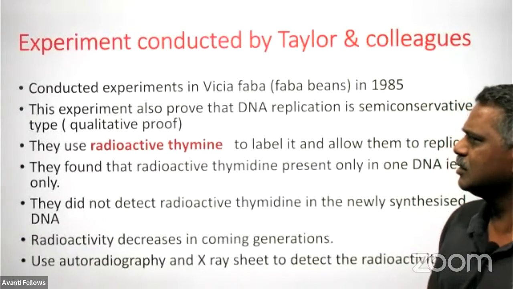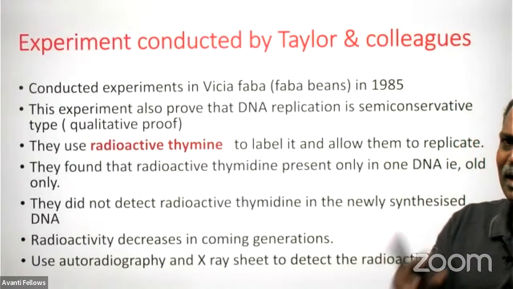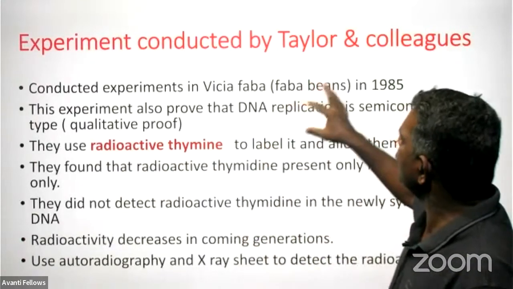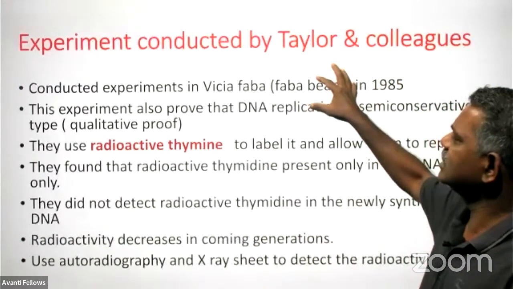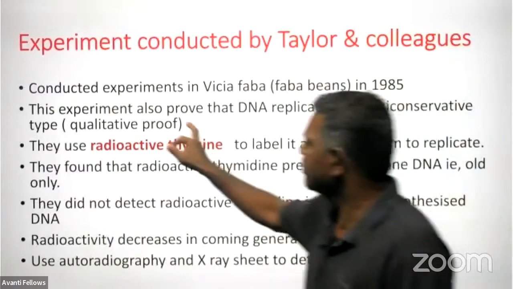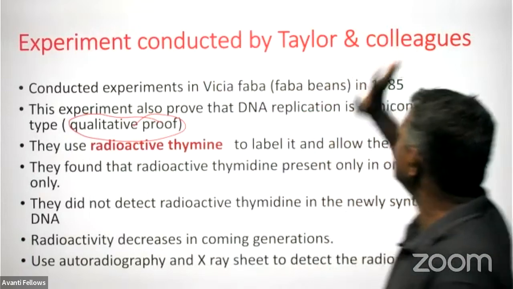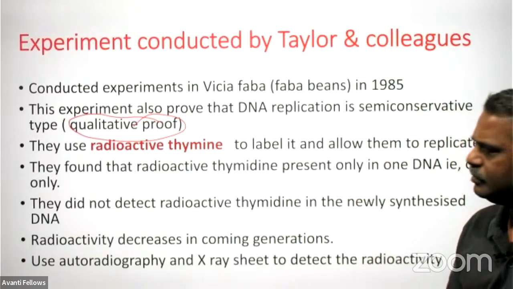And this was also asked once in the board examination. It is the qualitative proof. Whenever it is asked, the qualitative proof for the semi-conservative method of DNA replication, you have to explain only the experiment conducted by Taylor and colleagues.